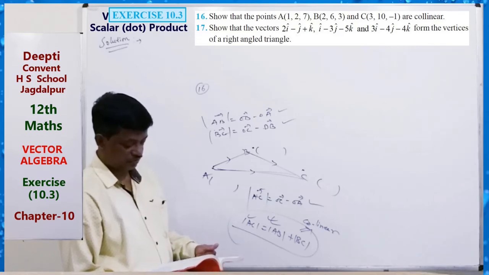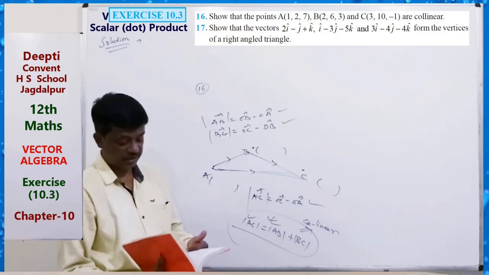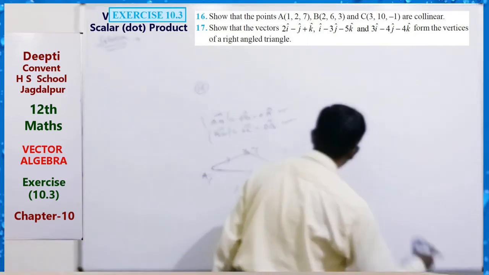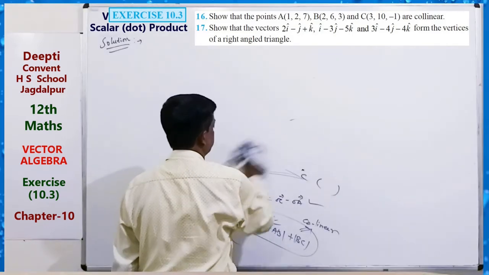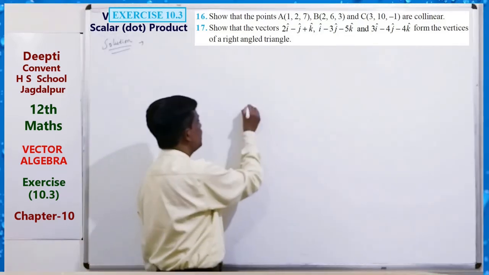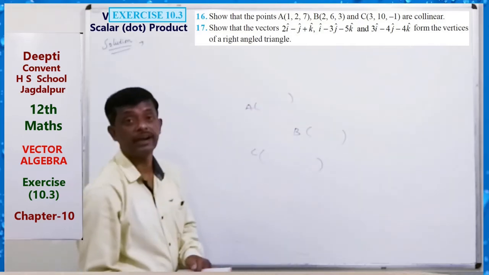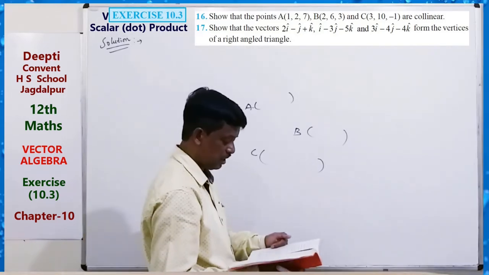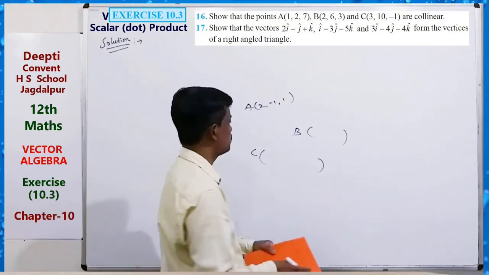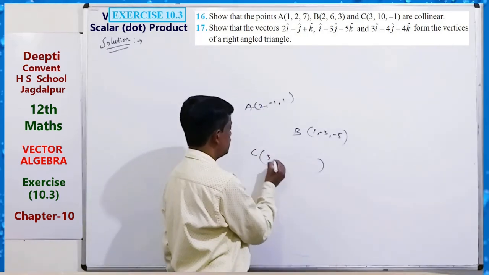Question 17. Show that the given points form the vertices of a right angle triangle. Here the position vectors are given, so from the vectors you can write the points: suppose points A, B, C. For example, 2, minus 1, 1; then i minus 3j minus 5k gives 1, minus 3, minus 5; and also 3, minus 4, minus 4.